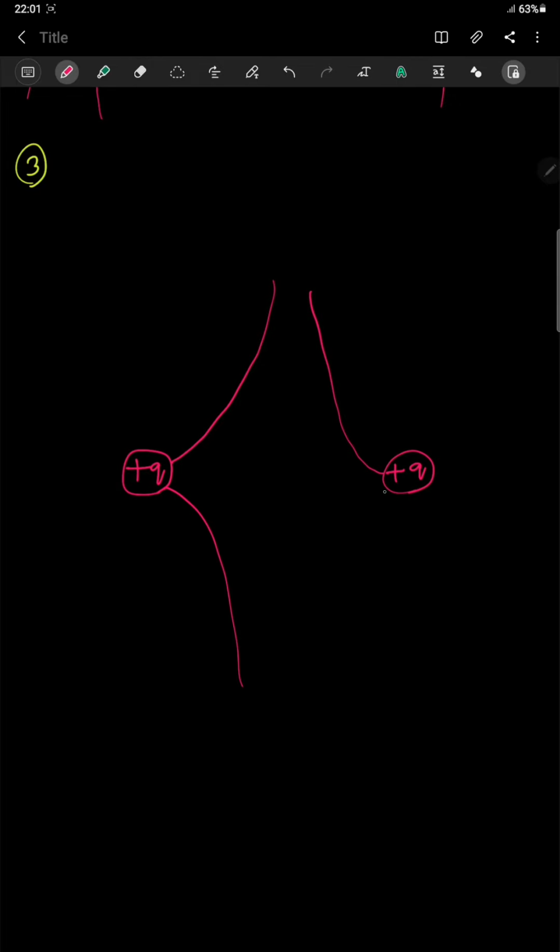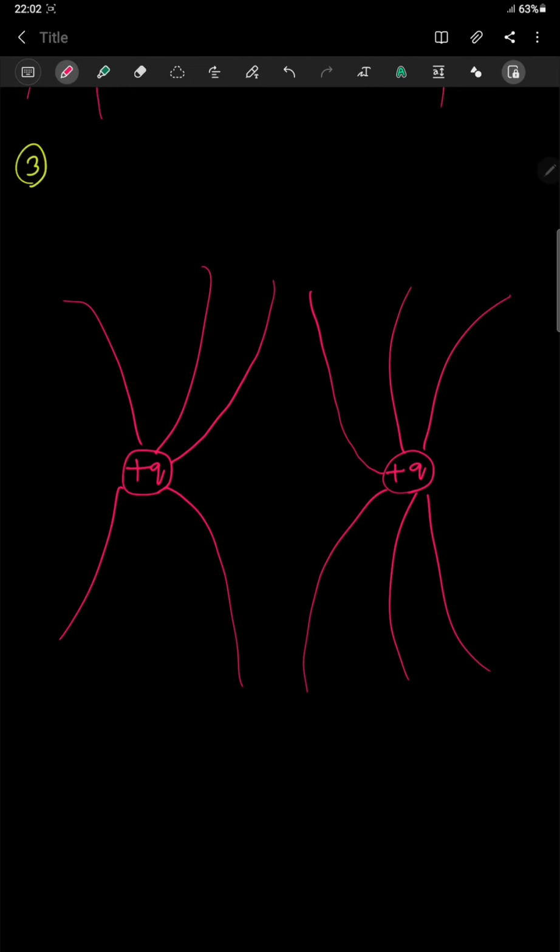We'll get a neutral point in this case along these directions. Clear? So these will be the directions. If you remember properly, this was your neutral point. Okay, that is not required for the time being.